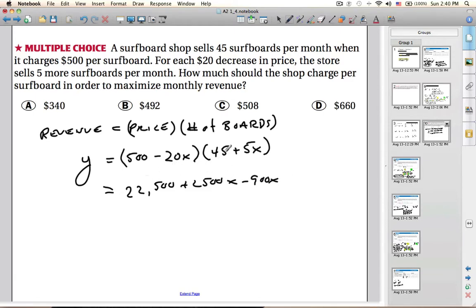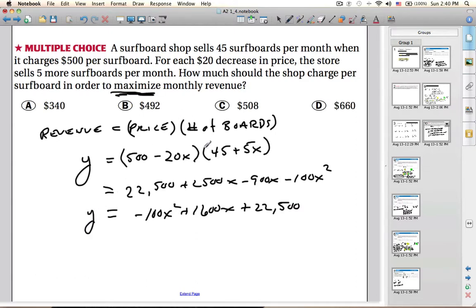And then minus 20 times 5 is minus 100x squared. All right, when I simplify this all out, I'm also going to put it in the correct order. Remember, the x squared goes first. So I have minus 100x squared. And I have 2,500x minus 900x, that's 1,600x plus 22,500.